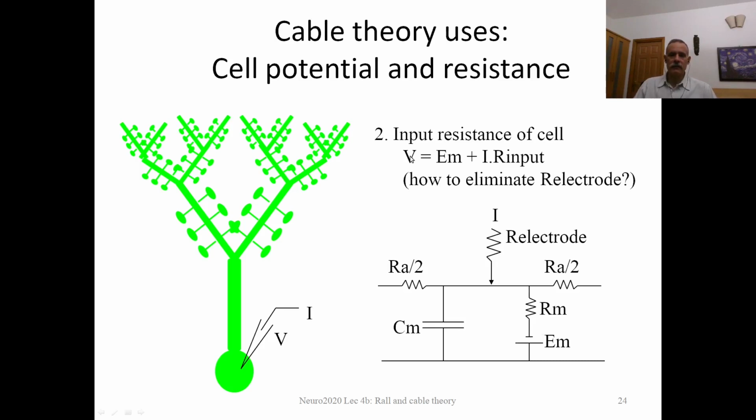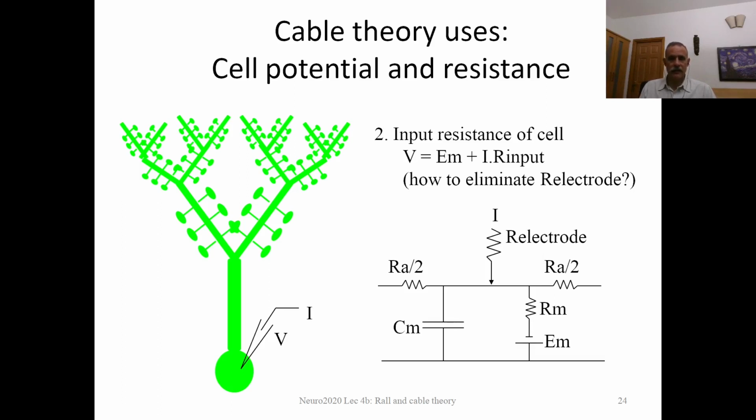You get your total membrane potential V when the current I is passing through the electrode and the cell. That V is equal to the input resistance times the current plus the membrane potential. And so by eliminating these terms, you get R input, and then you can eliminate that term and you end up with Rm. So you can measure Rm also from cable theory.